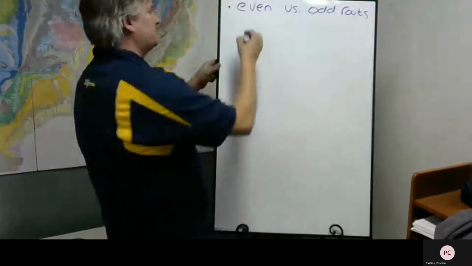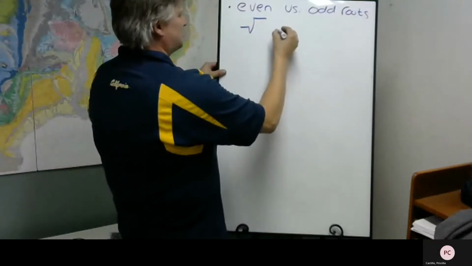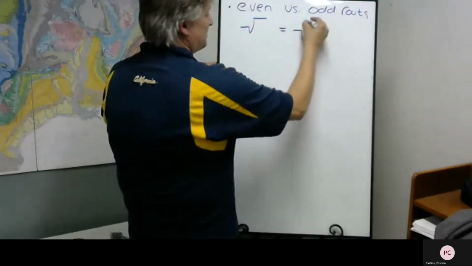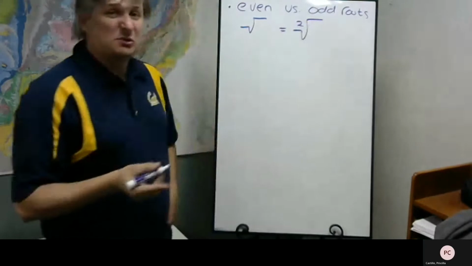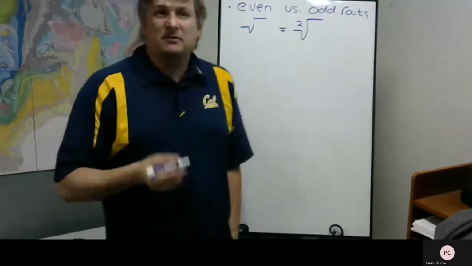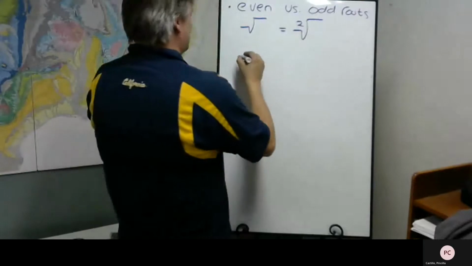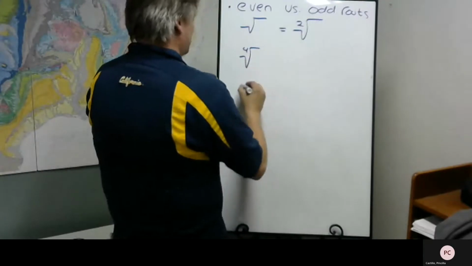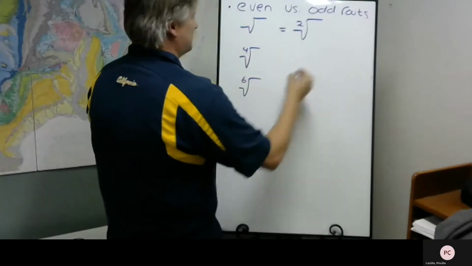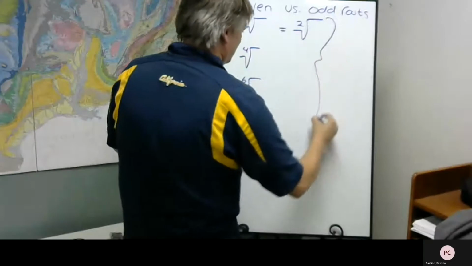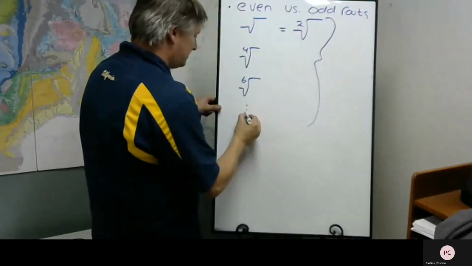So your even roots is the square root, or sometimes we could write it as the 2 root, but for reasons I think of just convention, we don't. Then there's your 4th root, your 6th root, and they go on and on.